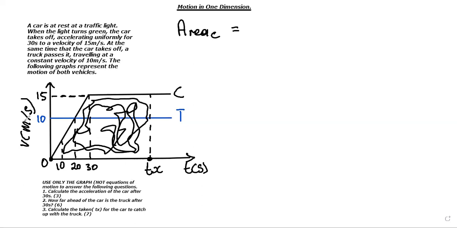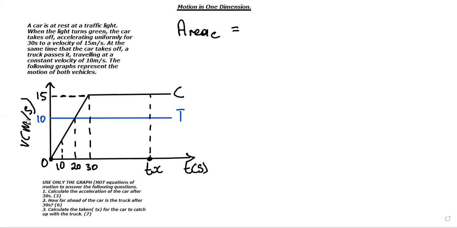Now, one thing you realize is that this entire motion we are referring to consists of 2 figures. We have a right angle triangle, and then we have a rectangle. Do you see that? Awesome.